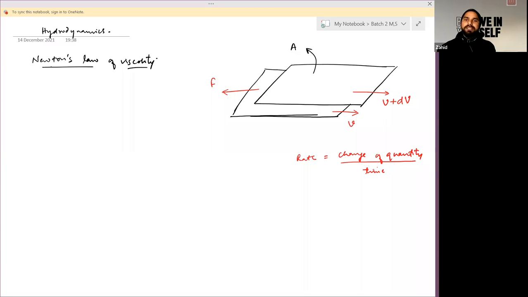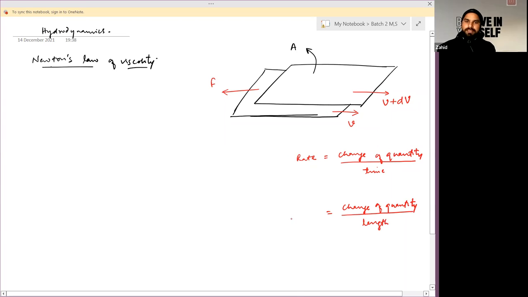So we can define rate. Similarly, there will be another reference of changing with respect to length. Change of quantity or any physical quantity with respect to length. It is called gradient.